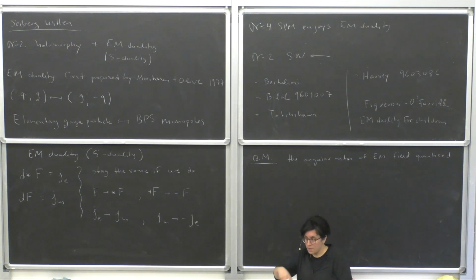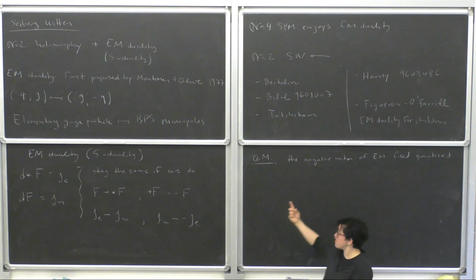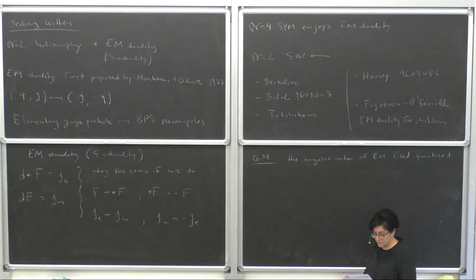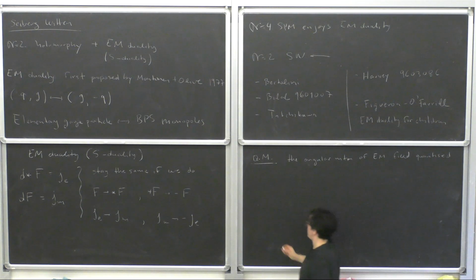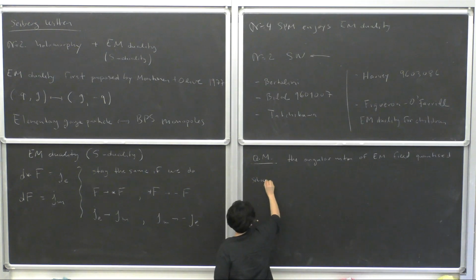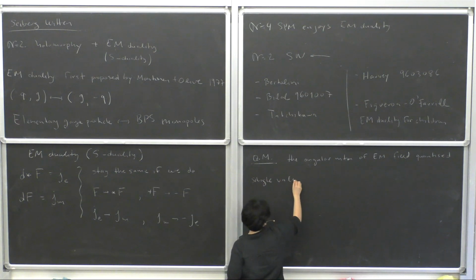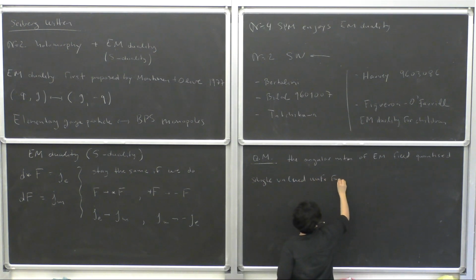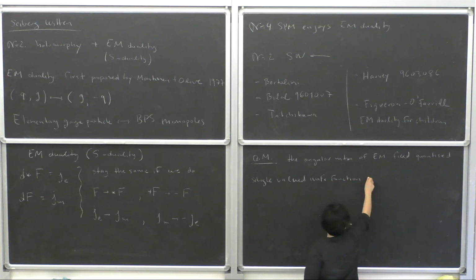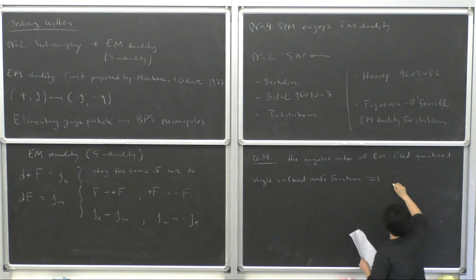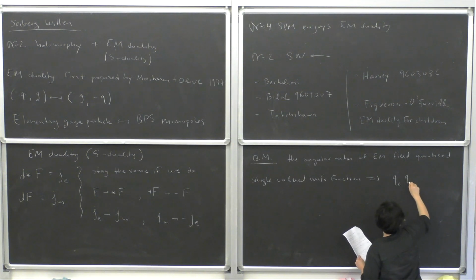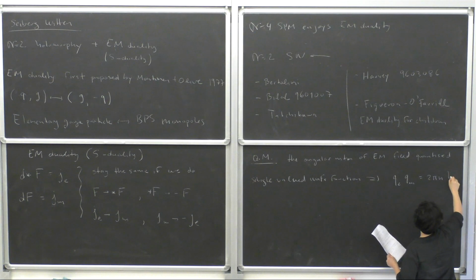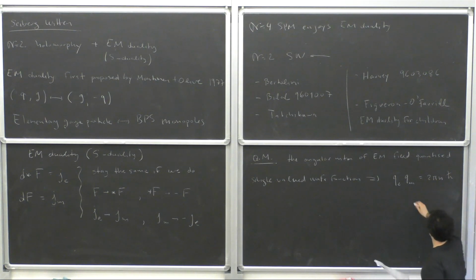The Schrödinger equation, in the presence of this electromagnetic field, has to be consistent. It has to have a single valued wave function. And if you do this, you get the famous Dirac quantization. There is an h bar just for now, and it will go away.